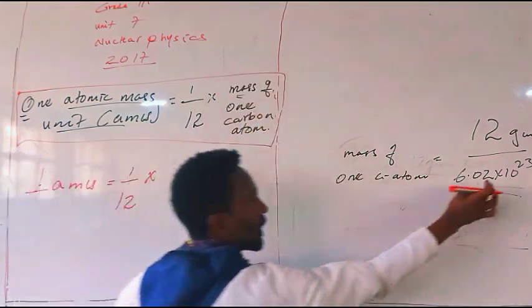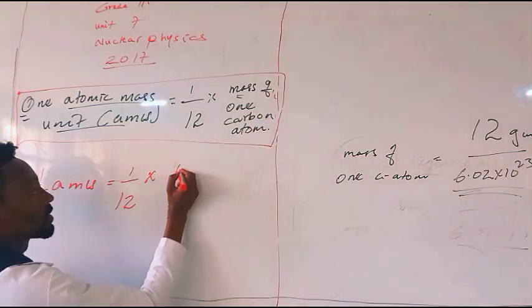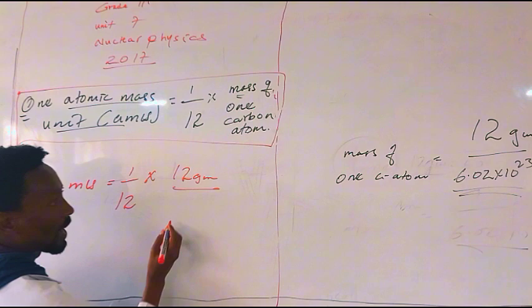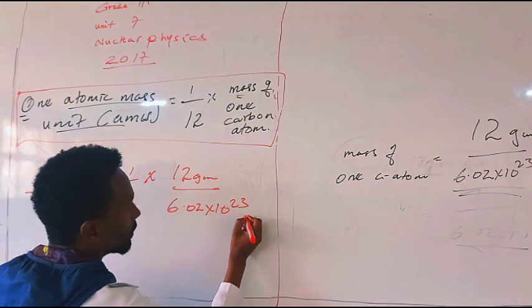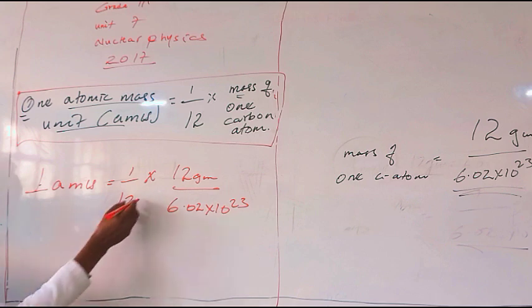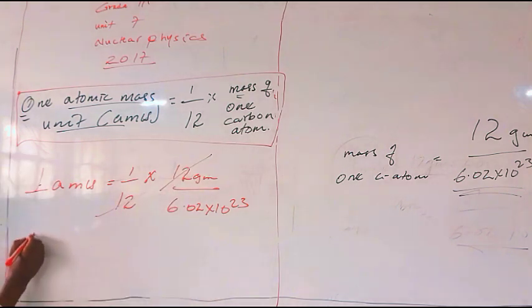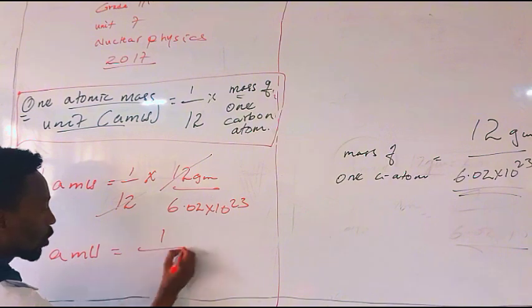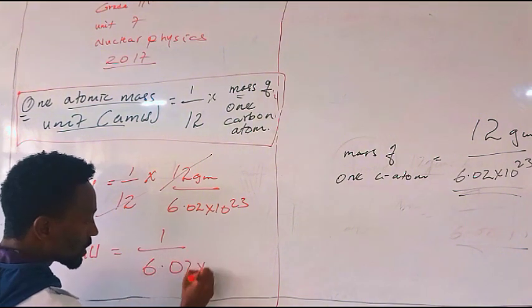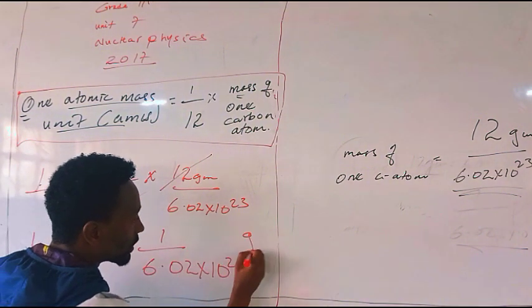the mass of one carbon atom, which is this much, that is 12 gram divided by 6.02 times 10 to the power 23. So 12 is as is 12. You get that one atomic mass unit is equal to 1 divided by 6.02 times 10 to the power 23 gram.